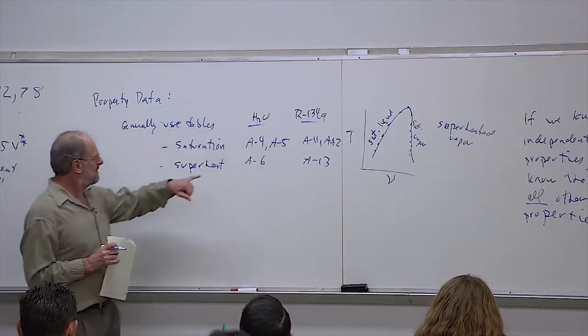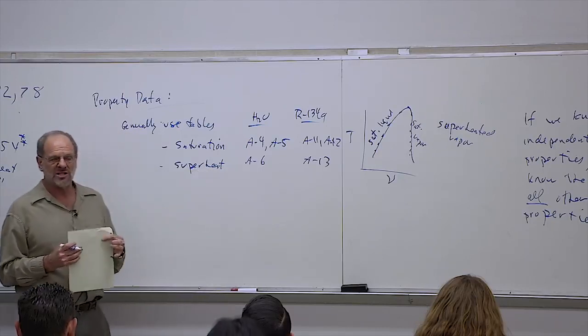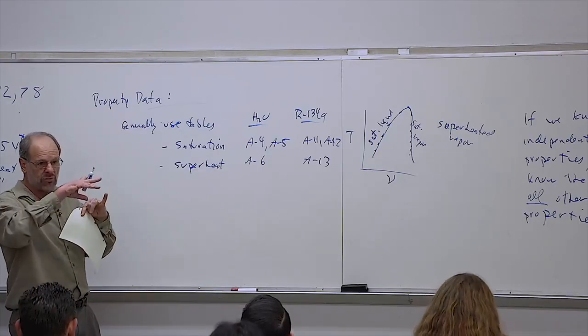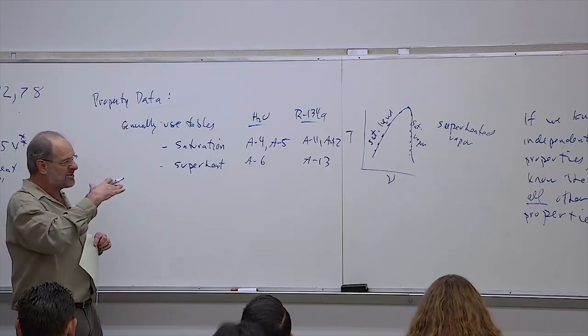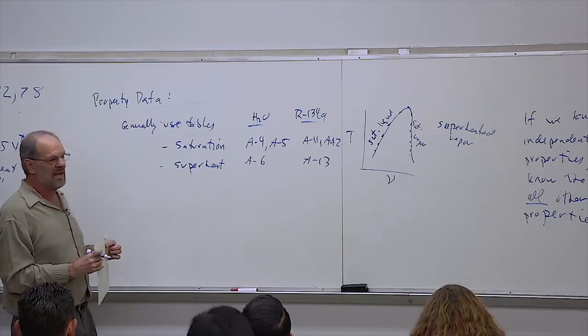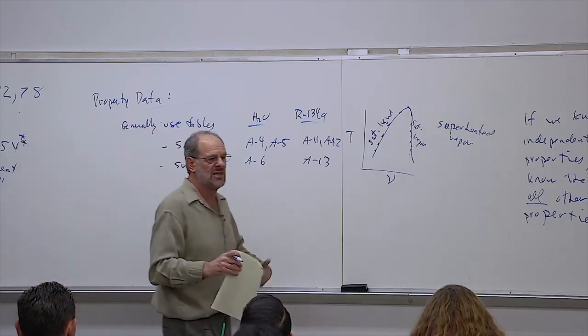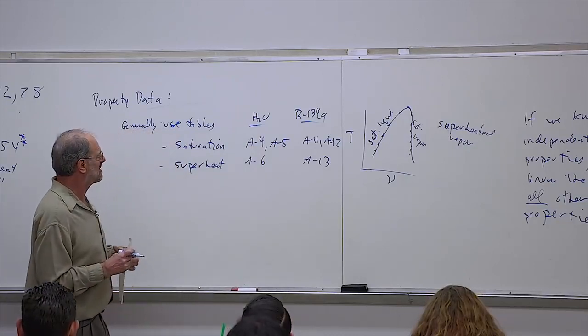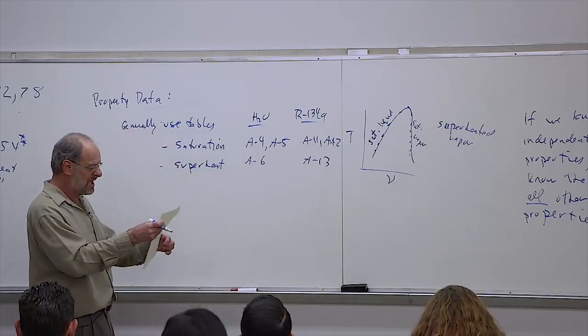Please note that tables A6 and A13 are actually a series of subtables, right? There's an individual table for a given pressure, and then at that given pressure, it gives you a list of temperatures, and within the body of the table, it'll have your specific volume, internal energy, enthalpy, and entropy data in it. So again, you should all be very familiar with using the superheat tables.